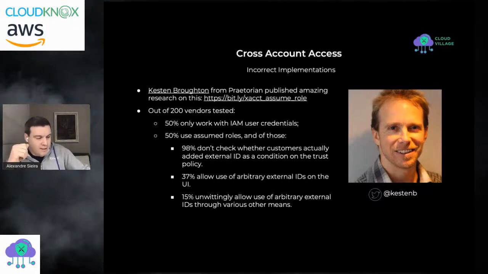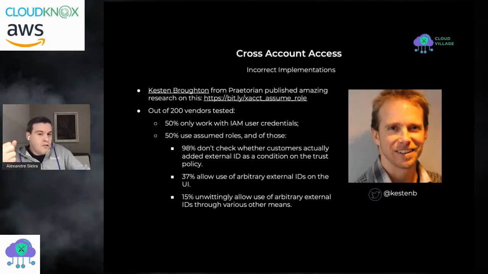So only 2 of them, 2 out of 100, actually checked if the customer configured the trust policy correctly, which is kind of depressing, if you ask me. And so the thing here is that they would be amenable to a customer configuring things incorrectly, and then essentially the confused deputy problem is still there.